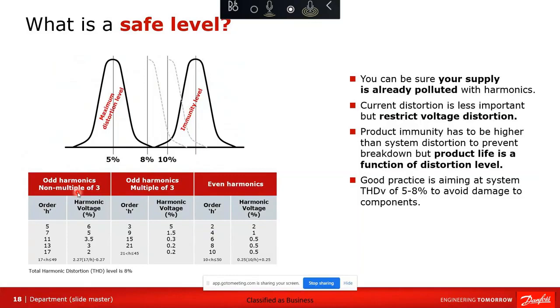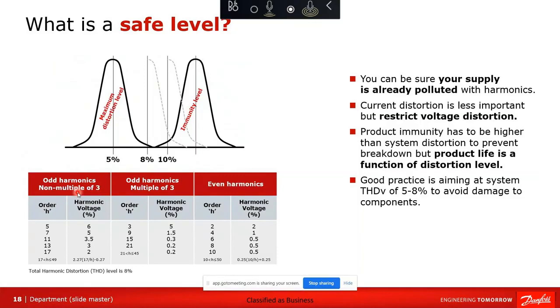A commercial level, if you're thinking about office buildings, shopping malls, banks, hospitals, has a 5% max voltage distortion level. There's an industrial level, which would be identified for industrial plants, in my world, wastewater treatment plants, that allows voltage distortion to be up to approximately 8%. And then there is a third level, which I can't remember how they label it.